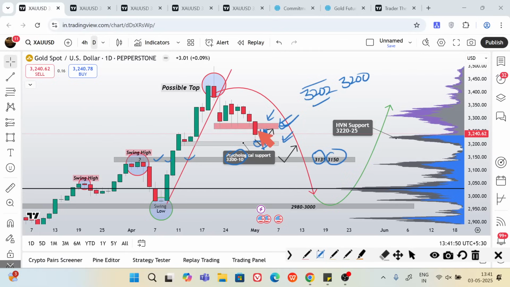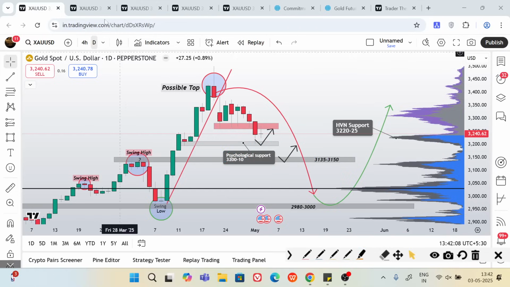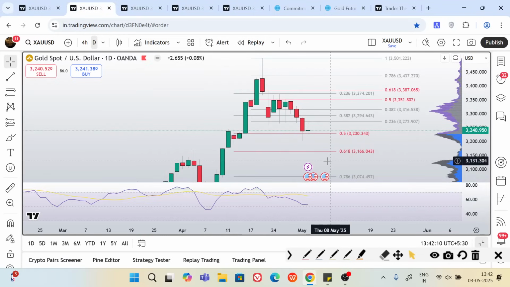This last week attempt to break this previous resistance, because this was the support and it is now acting as resistance. So this is the immediate resistance. And what other level into the resistance side that we have to watch, let me show you on this chart over here.